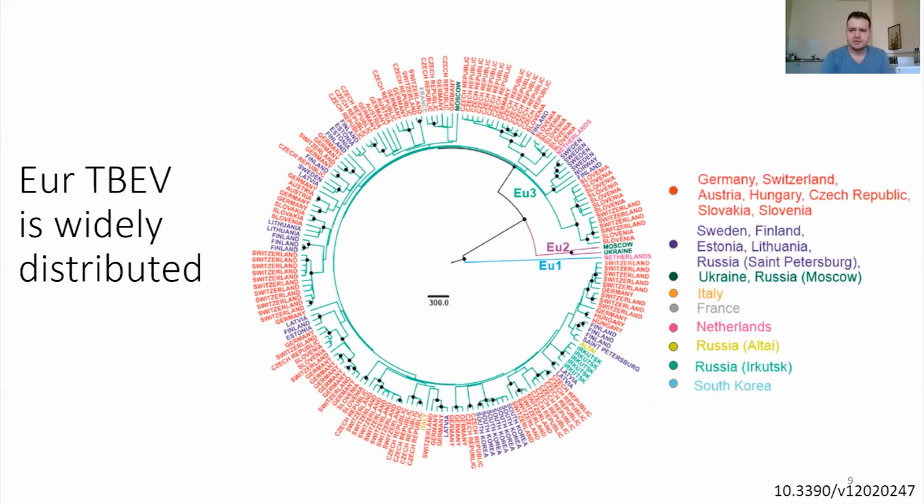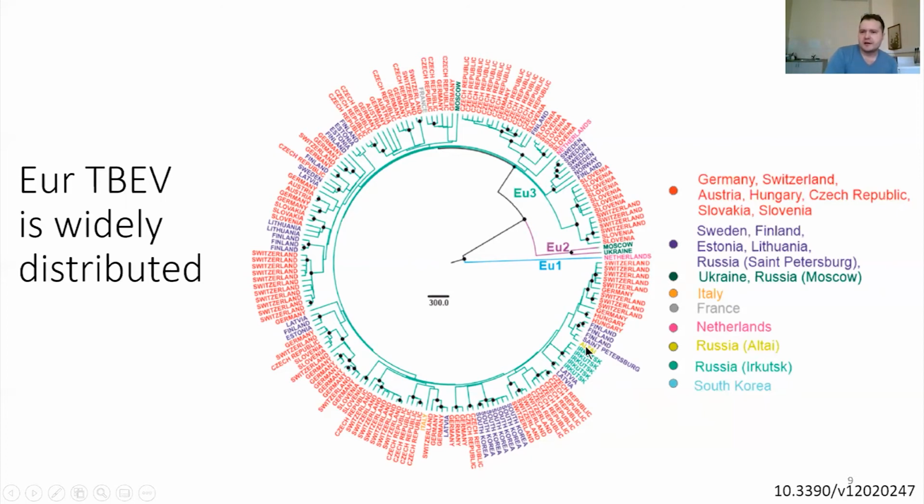For example, on this map, viruses from Germany, Switzerland, Austria, Hungary, Czech Republic, Slovakia, and Slovenia are colored red. Sequences from the Altai region are colored this sandy color.